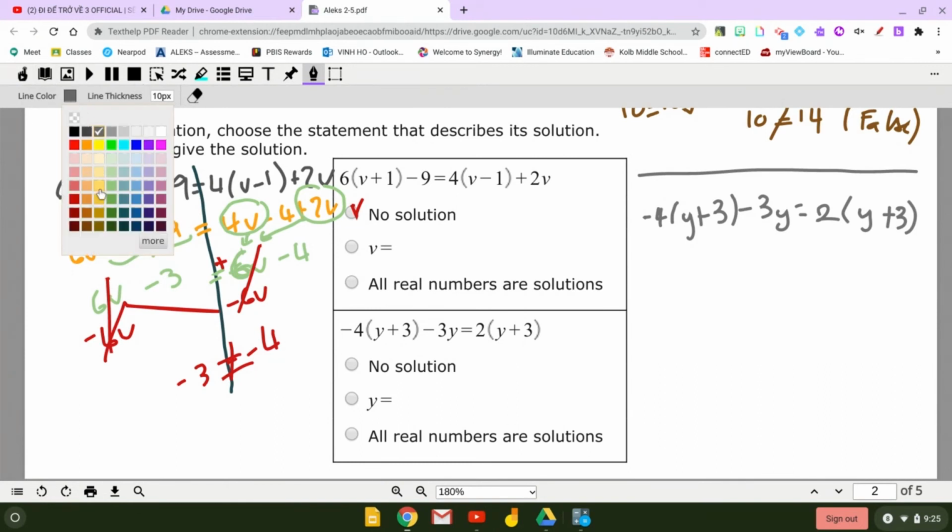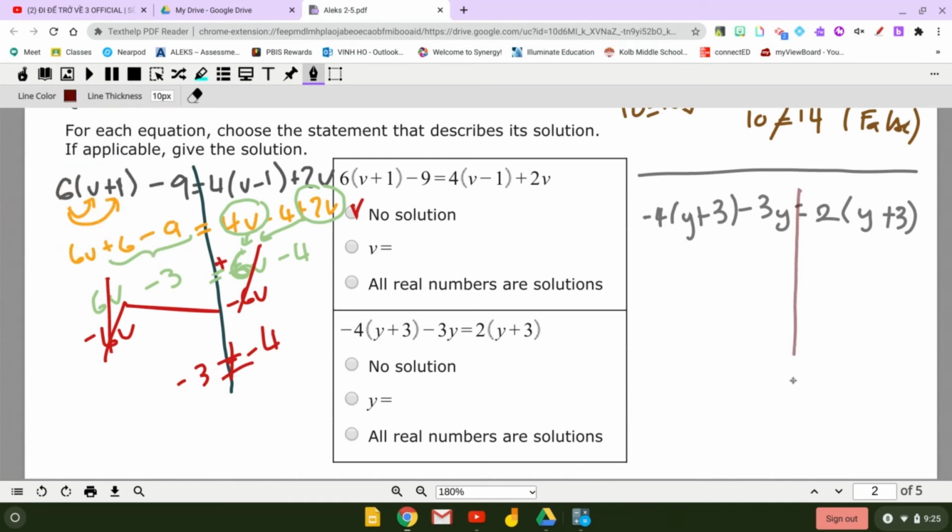All right, so our next step, draw the line and distribute the numbers into the parentheses. Distribute -4 and +2. So that will give you -4y minus 12 minus 3y equal to 2y plus 6.